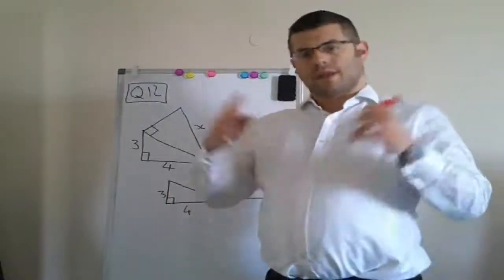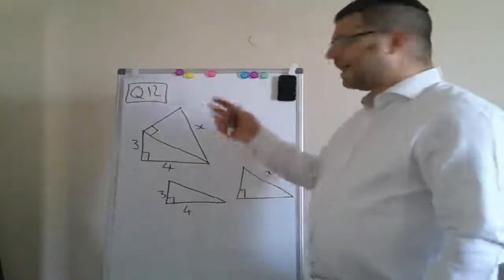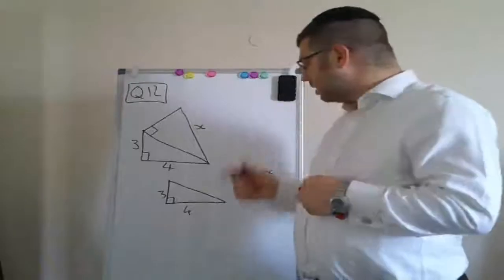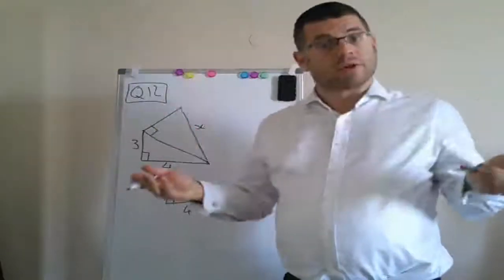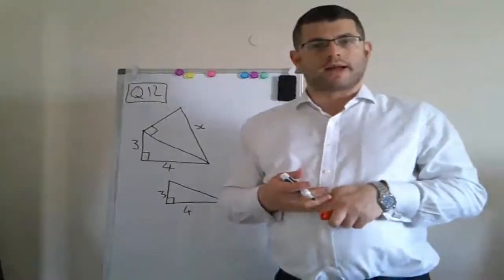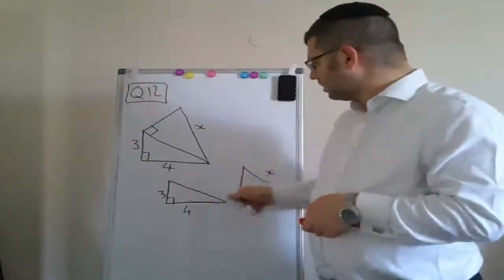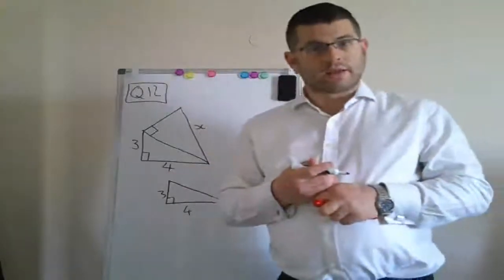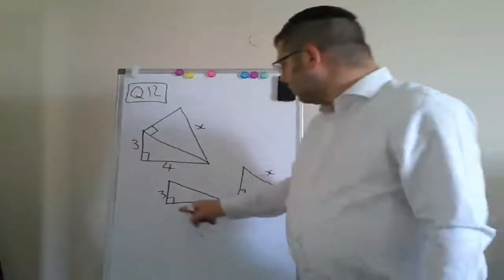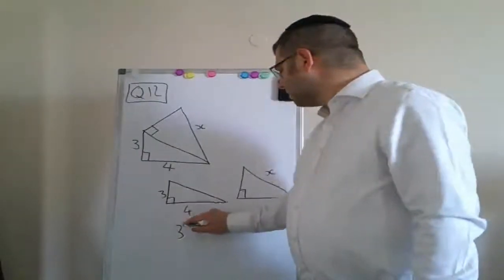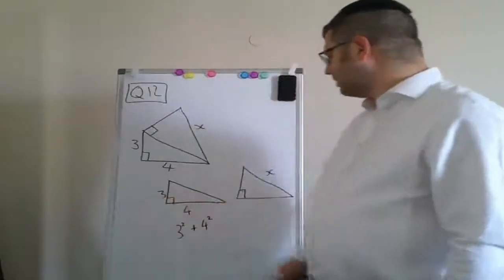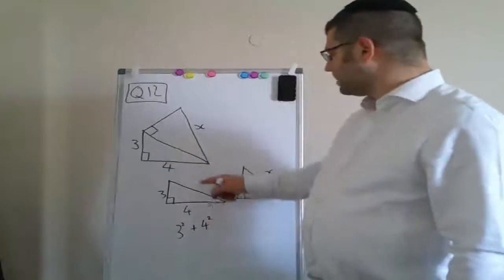So what you have to think is slightly outside the box. What do we have here? We have right angle triangles. What have we learnt about right angle triangles? We have Pythagoras. Pythagoras is a theorem that applies to right angle triangles. So we can say 3 squared plus 4 squared is this unknown here.